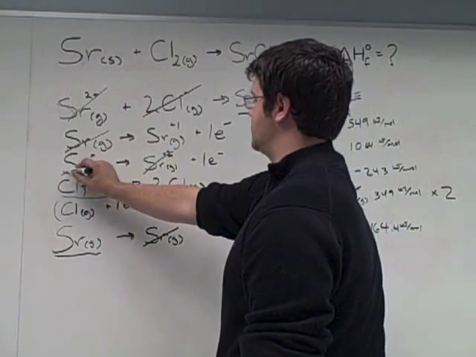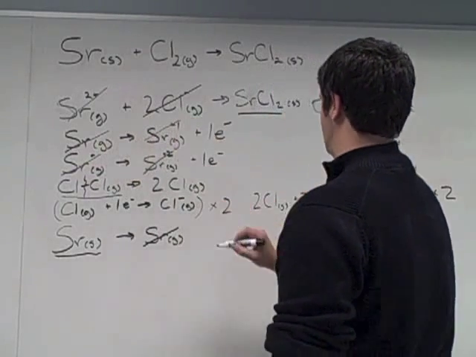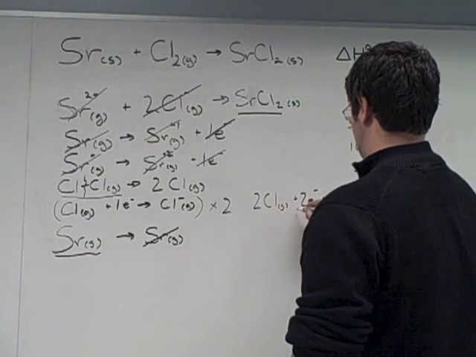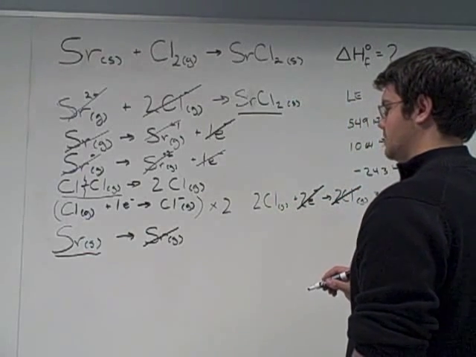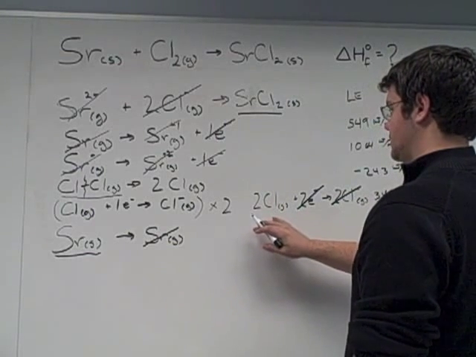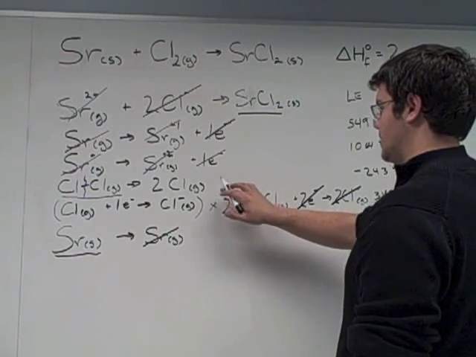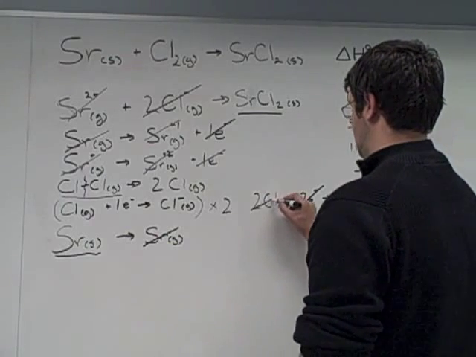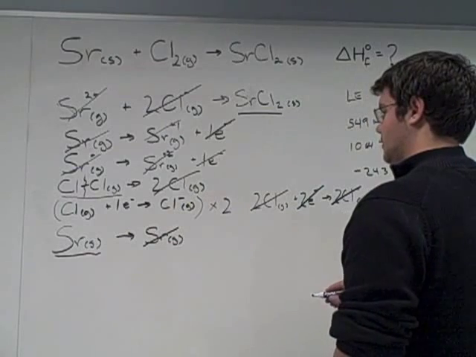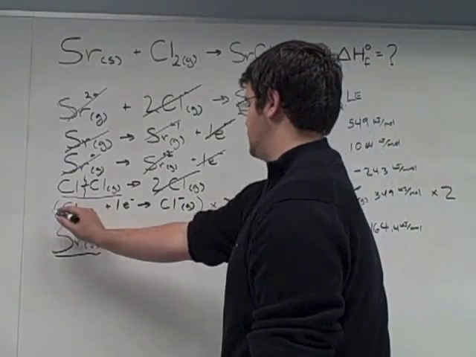We can cancel out our strontium 1 plus. Here our electrons cancel out. So both of those go to cancel out the 2 electrons. So now, because this is still on the reactant side and these 2 chlorines are on the product side, those 2 cancel out. So we are left with this equation.